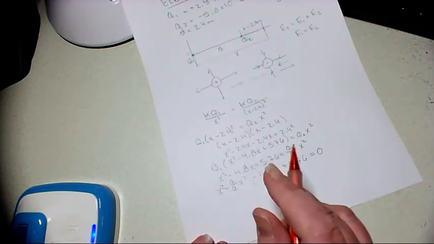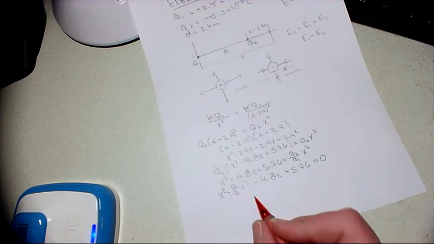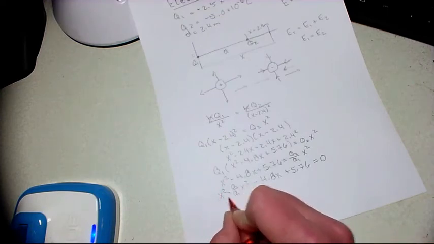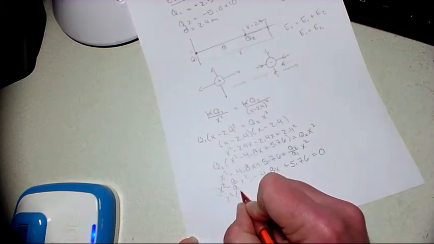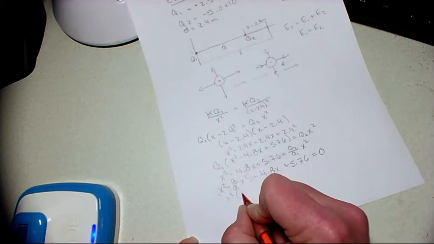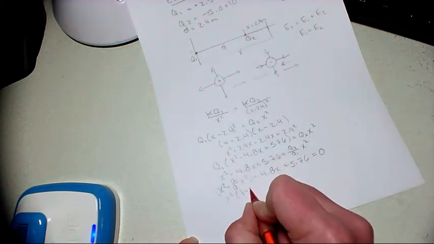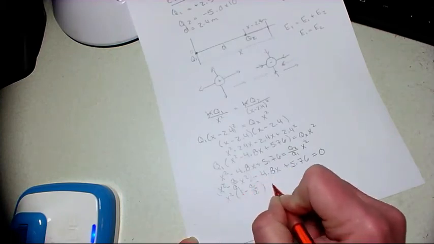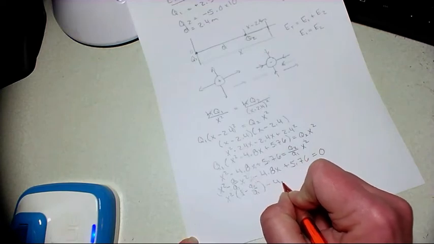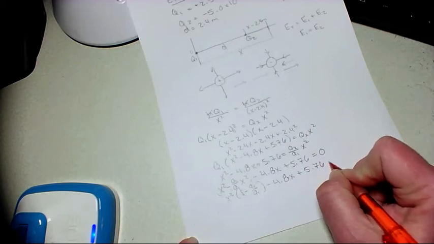So the step that I skipped and just kind of did in my head is I want this just to be x squared. So I can factor out the x squared from this piece here. And my x squared, and I get a 1, that's from this. 1 minus my Q2 over Q1, minus 4.8x plus 5.76 equals 0.